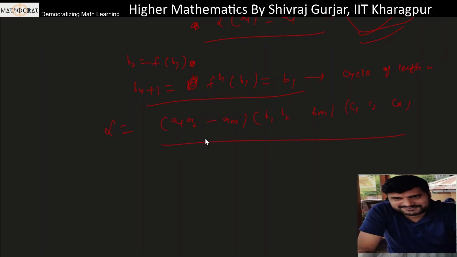Okay, where a1 a2 am is a cycle of length m, this is a cycle of length n and this is a cycle of length k.